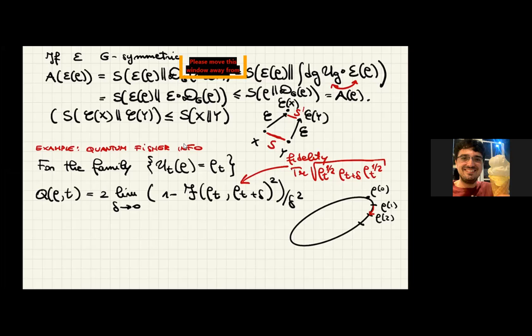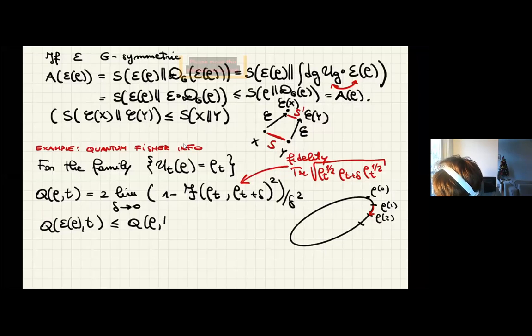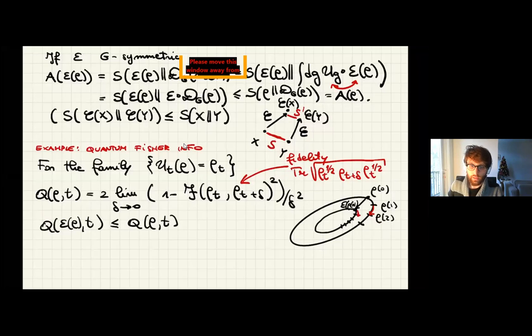So basically, maybe it will be a bit long to do it. You will find it in the notes, but what you can prove is that this guy is smaller or equal than Q of rho comma T. So what's happening is that you start from rho of 0, and then you go to some new state, epsilon of rho of 0, and then there will be an orbit associated to this new state, and this orbit will have ticks that are much closer than the ticks of the initial one. So the state is becoming increasingly worse in encoding time information.